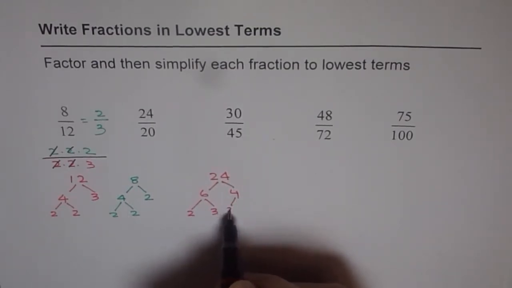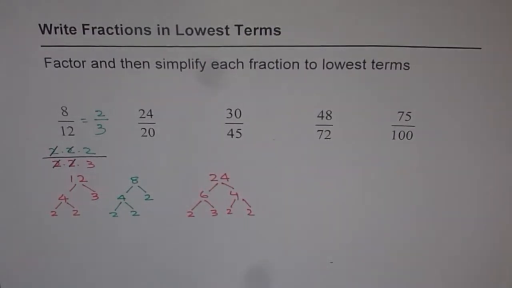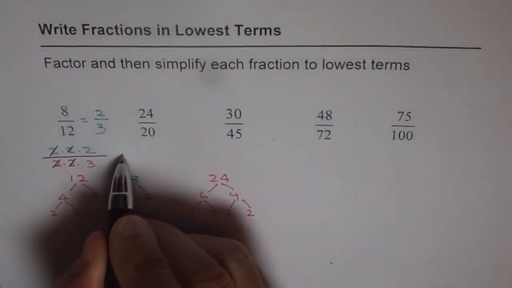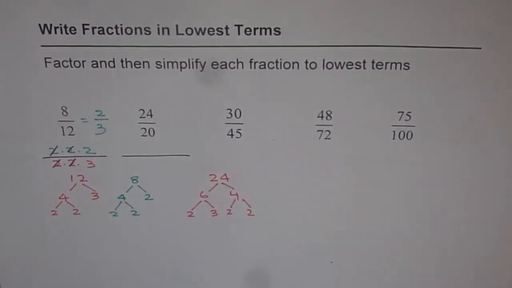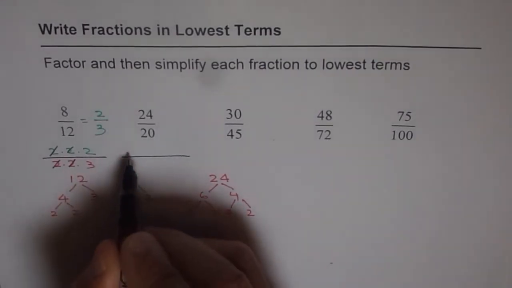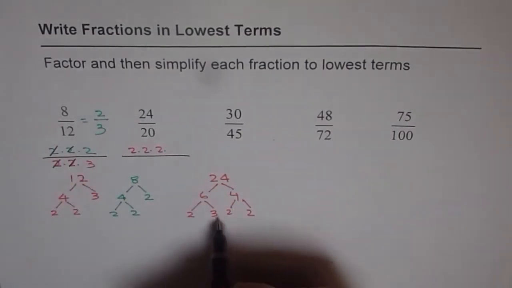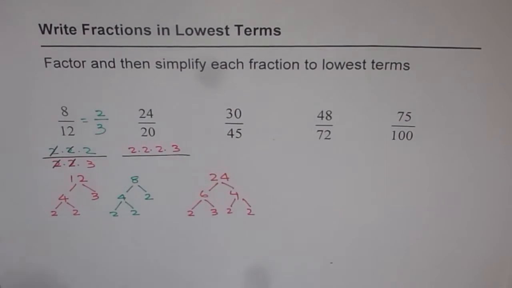And 4 is 2 times 2, correct? So these are my prime factors of 24. So we can write 24 as 2, 2, 2 and 3. There are three 2's, which is 8, and 8 times 3 is 24, right?